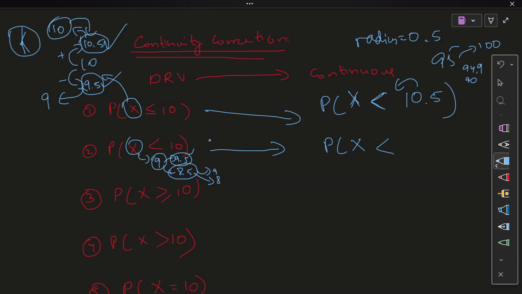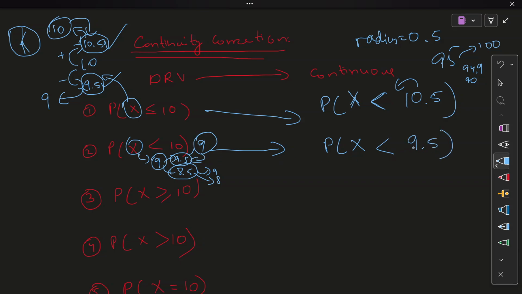My inequality tells me that it has to lessen to 9. So does 8.5 lessen to 9? It does not. 8.5 will lessen to 8. But does 9.5 lessen to 9? Yes, it does. And this 9 is again formed by which real value? 9.5. So you're going to take 9.5 here.